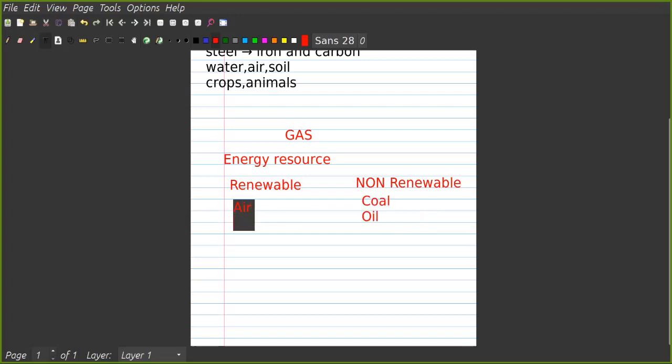Like the air, we have solar, something. We have the water. The water falls down, moves some turbines, and it generates work.